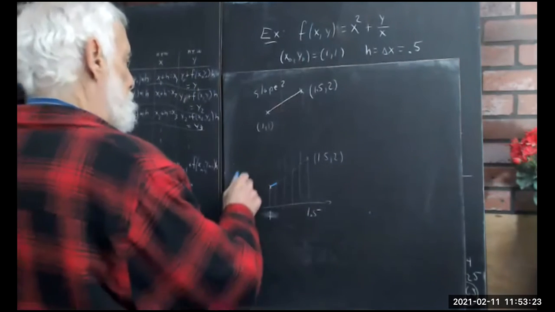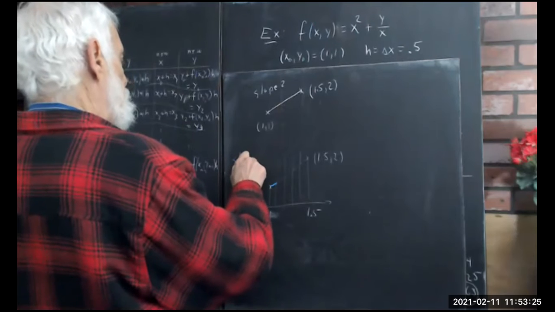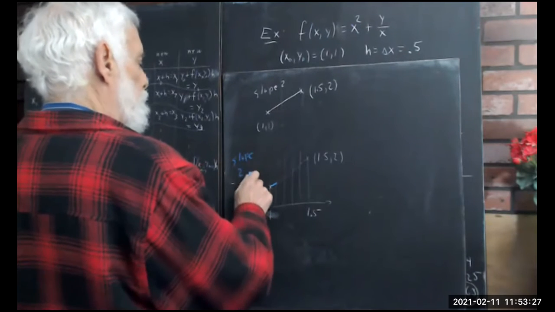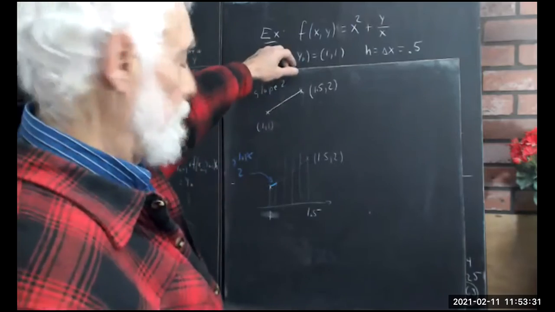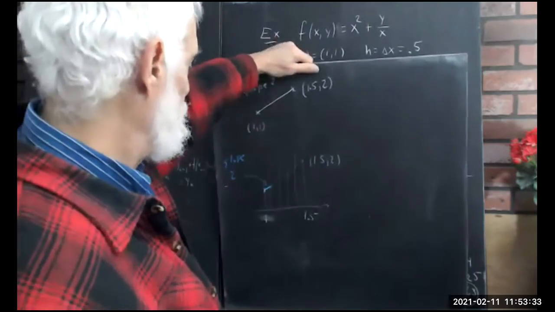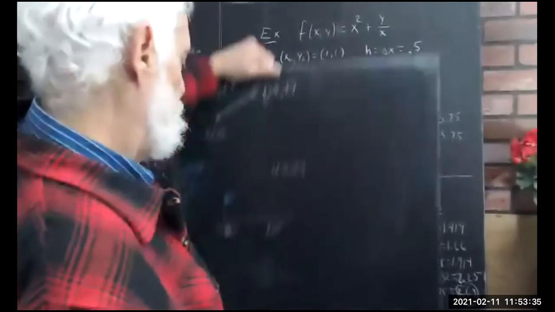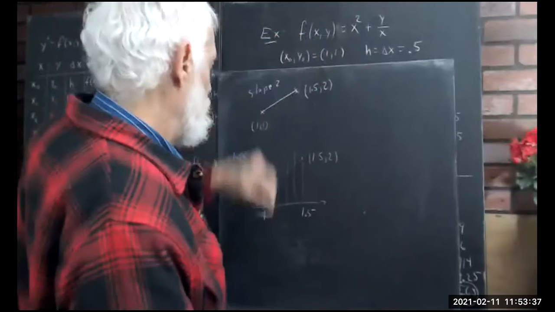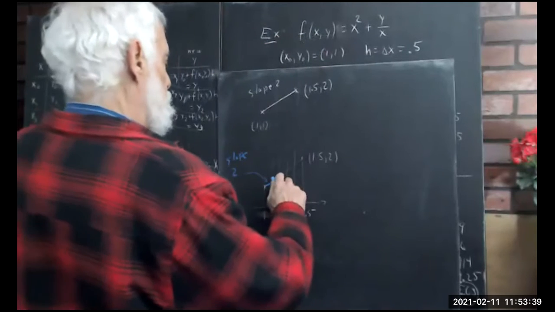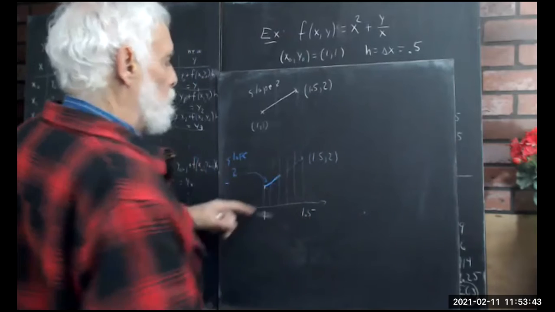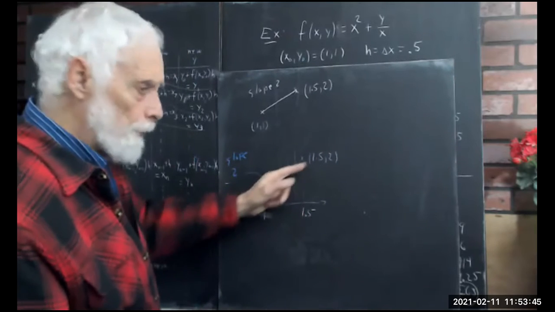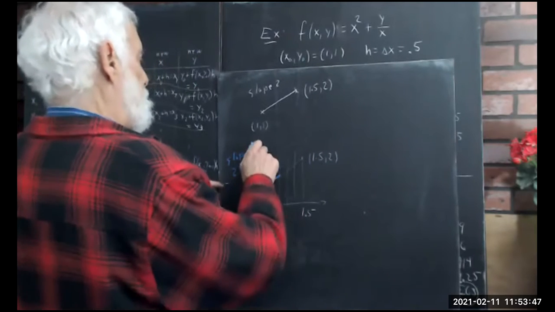So here, slope is 2. On the next interval, I think the slope is 2.19. Yep. On the next interval, the slope is 2.19. So we diverge from this line.